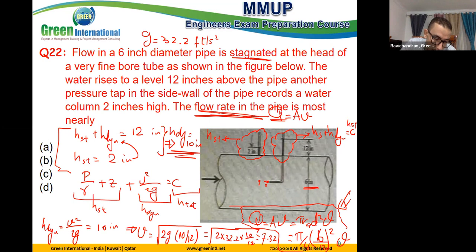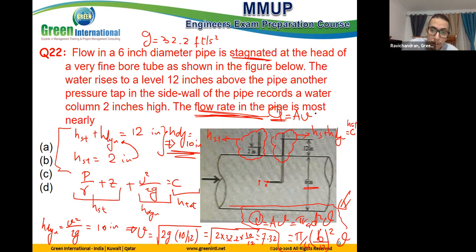So we can multiply, bracket 25 square... divided by... 1.44 cubic feet per second.